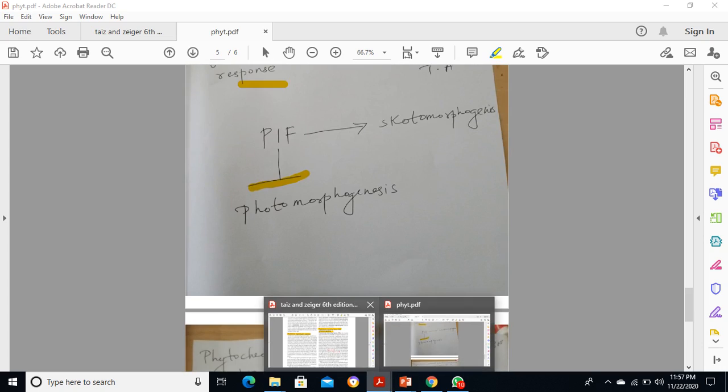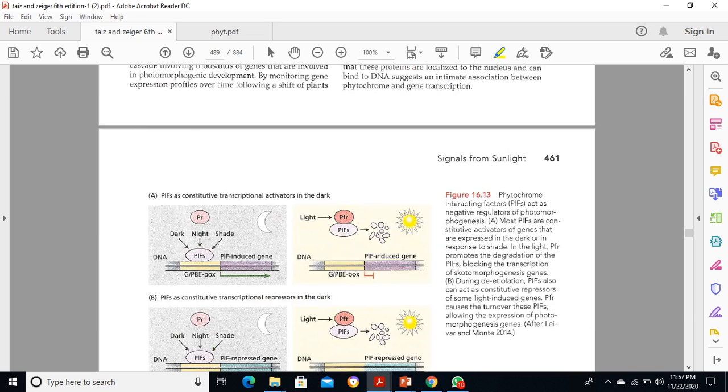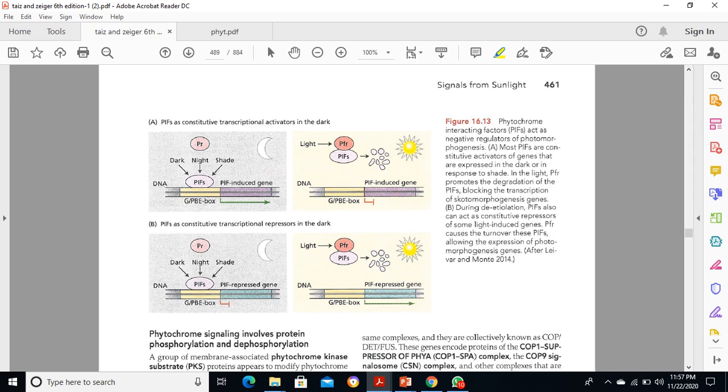How? I will show you the textual image. See, the first case is regarding the scotomorphogenic genes. You know that phytochromes in dark, this is a moon, that means it is dark.